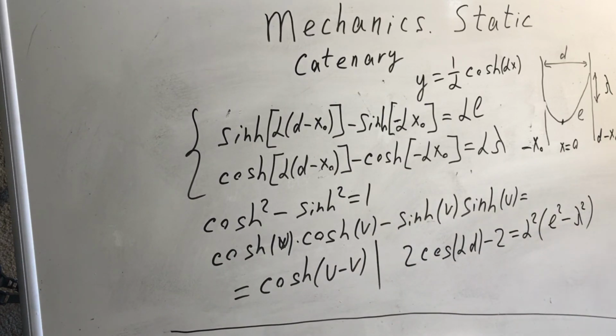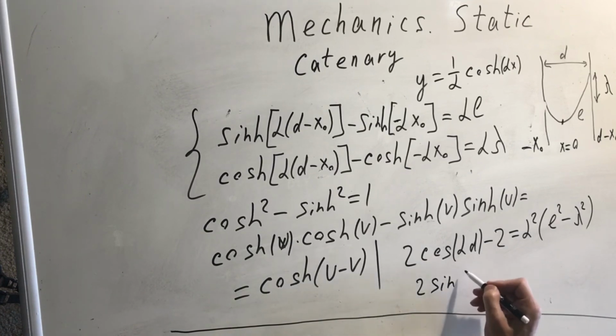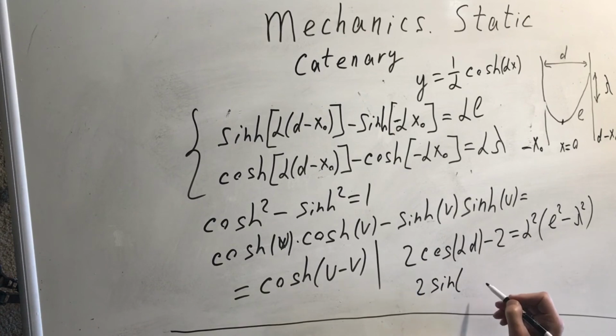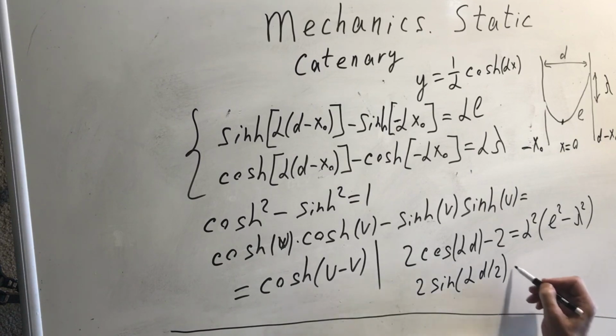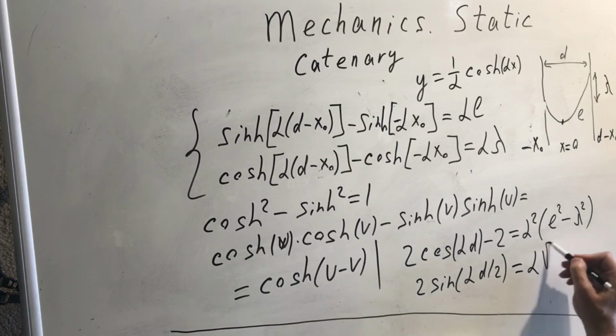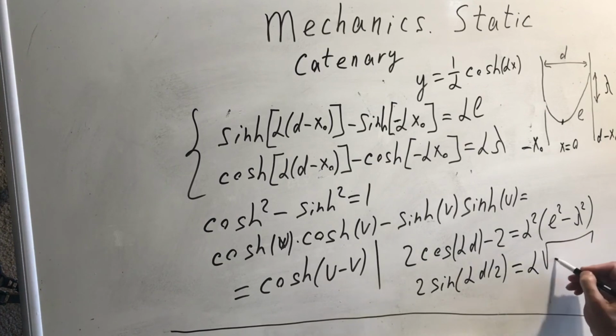And we can rewrite this in the form of 2 sinh of alpha d over 2, using the formula for the half angle, that's equal to alpha root of L squared minus lambda squared.